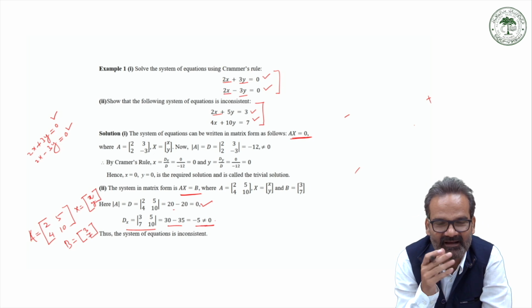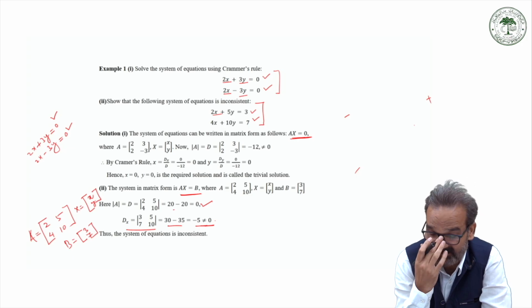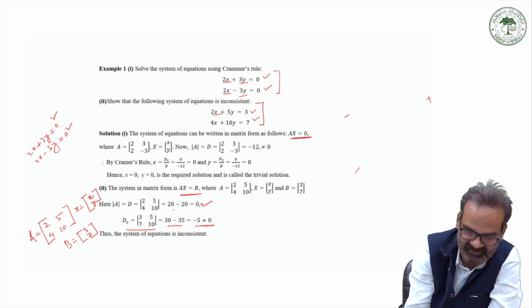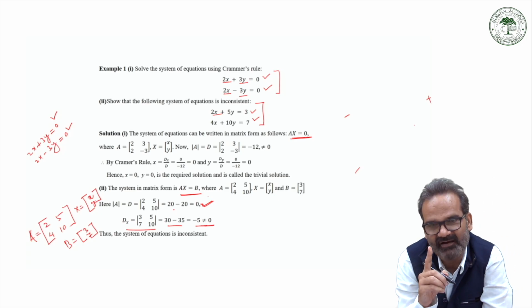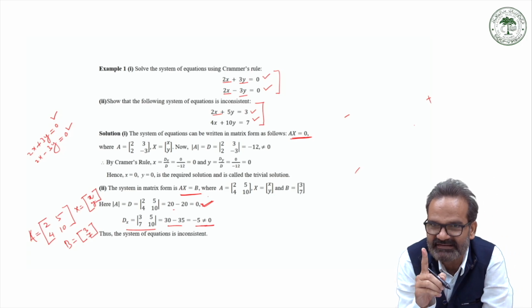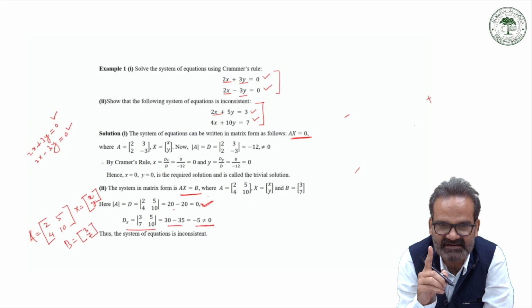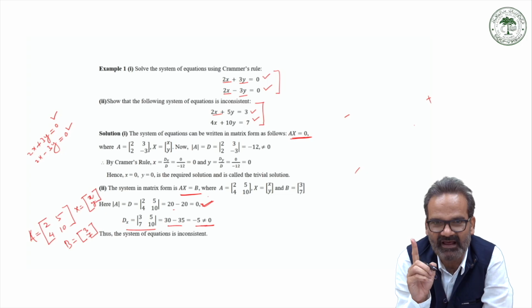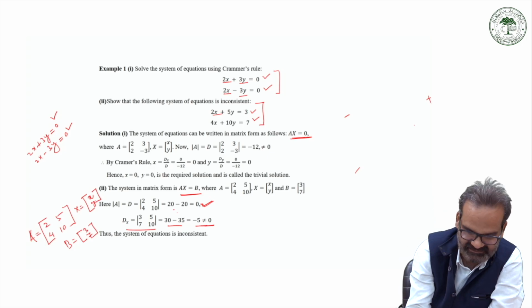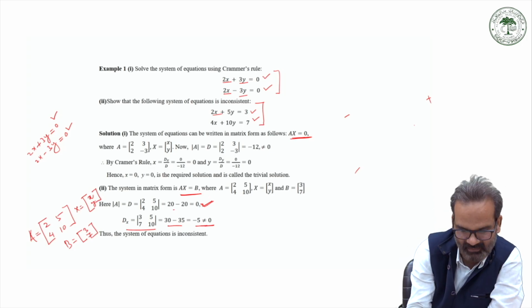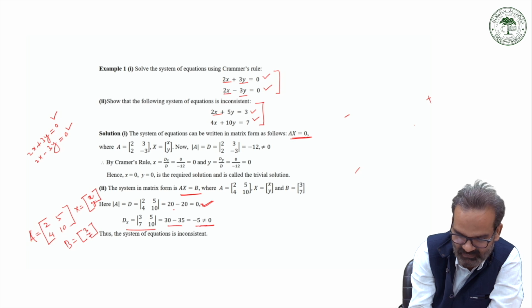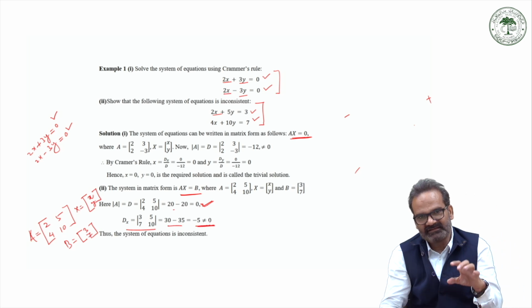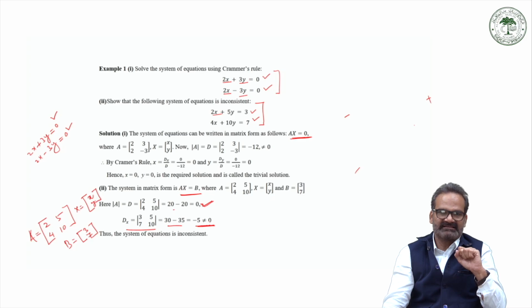If you recall the condition of consistency, if the determinant of A is equal to 0, and any one of the two, Dx, Dy, or any one of the three, Dx, Dy, Dz, is not equal to 0, then the system of equations is inconsistent. Inconsistent means it will have no solution. So here the determinant of A is identically 0, but Dx is not equal to 0. Therefore, the system of equations is inconsistent.